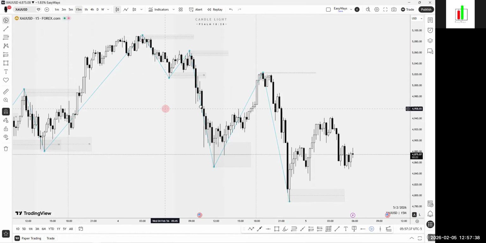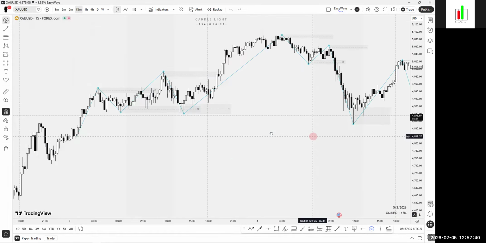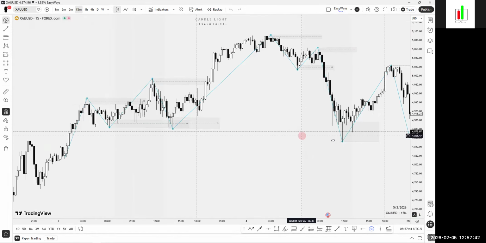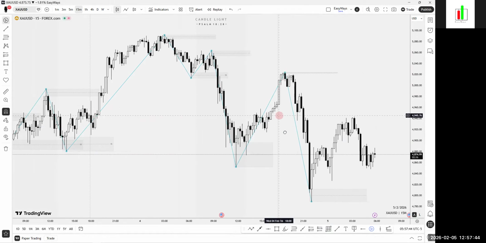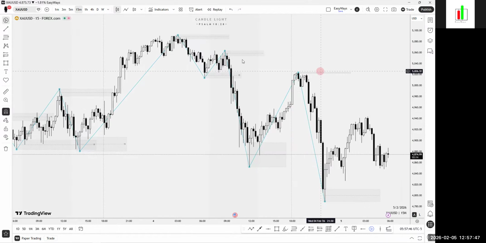So that's how we mark our market structure zones, marking highs and lows like this as zones instead of levels like a single line.